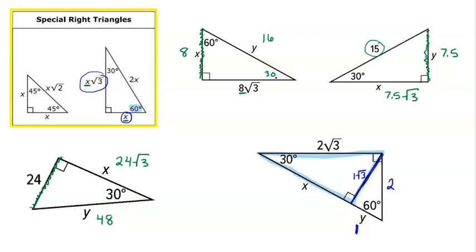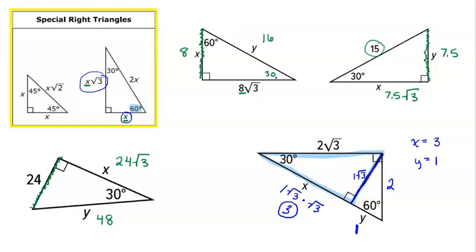I multiplied by 2 to get my hypotenuse, and then I'm going to take this one and multiply it by the square root of 3. Well, the square root of 3 times the square root of 3 is just 3. And so for this one, it's going to be 1 times 3, and that's just going to give me 3 for that side. So x is 3. And then y is 1.